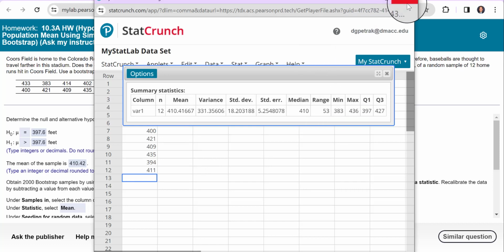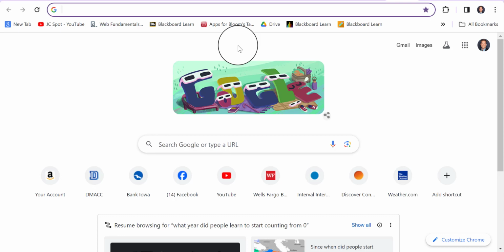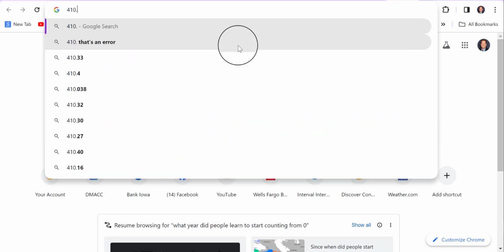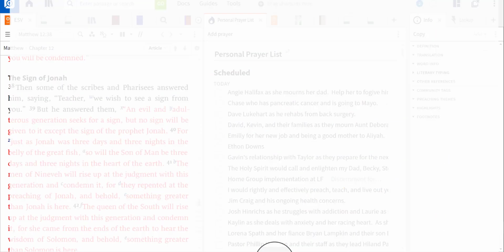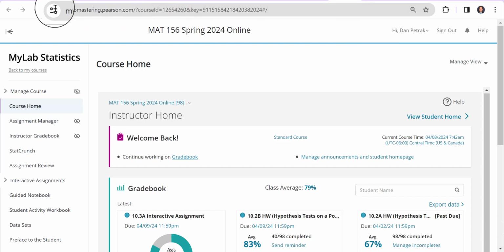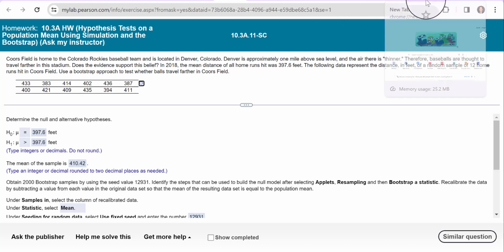Well, if we just open up a calculator and put 410.42 minus 397.6.